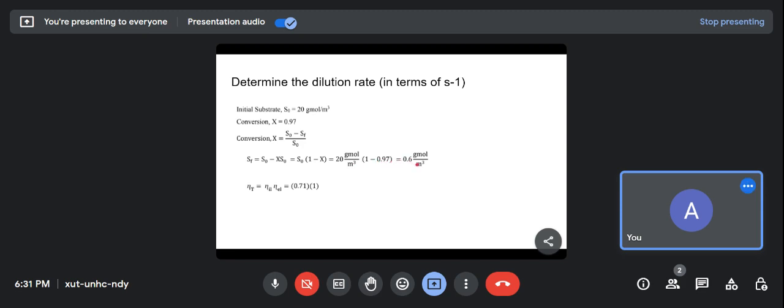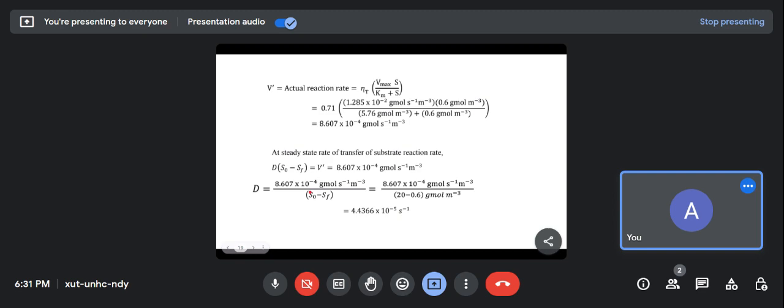So you get 0.6. So the final concentration of the substrate is 0.6, right? And the total effectiveness is the product of internal effectiveness and external effectiveness, that is 0.71 into 1, right?